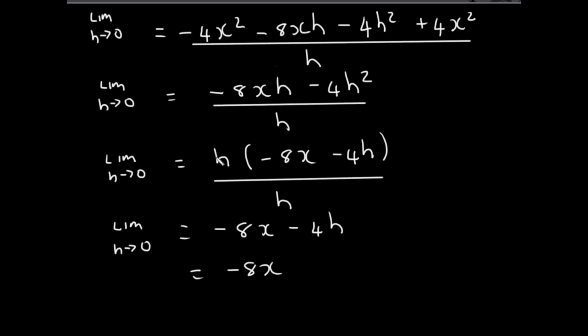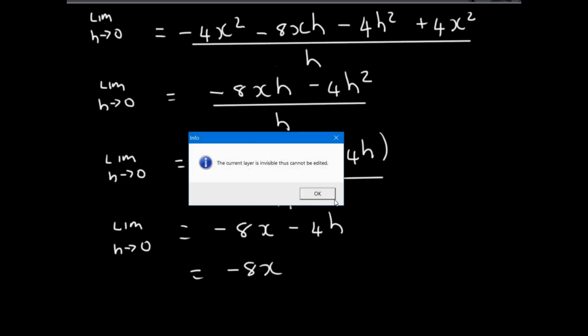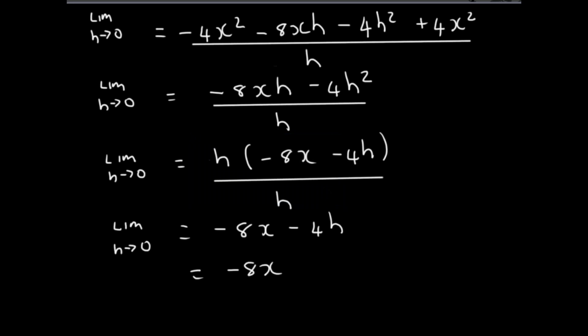We take h out as our common factor, and we are left with negative 8x minus 4h. Our h's will cancel. And as h tends to 0, that leaves you with negative 8x.